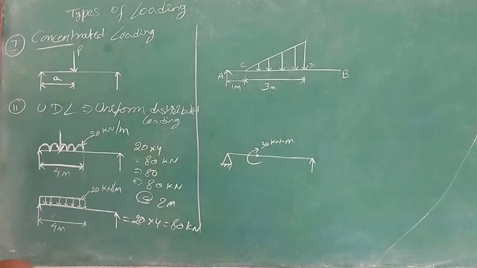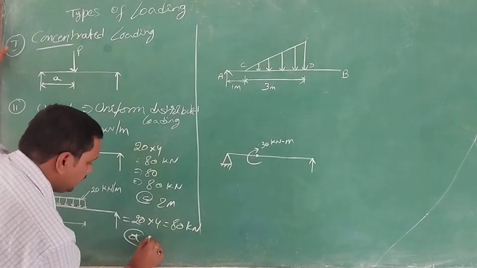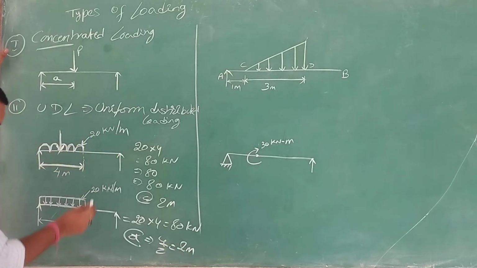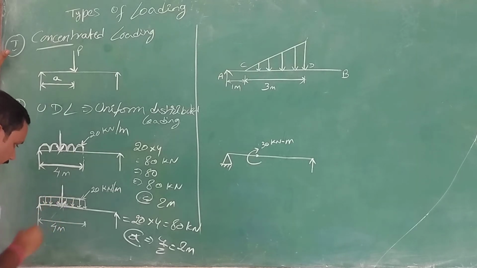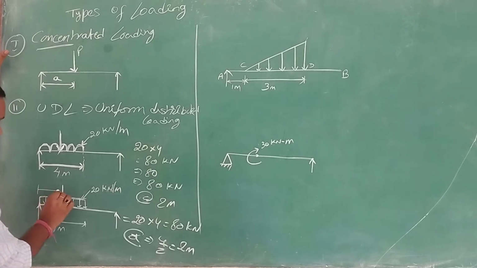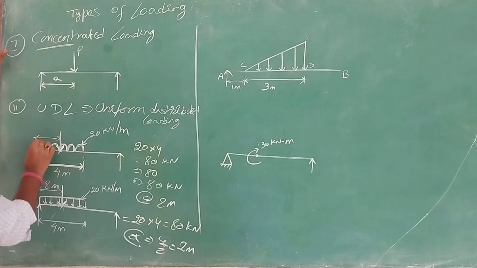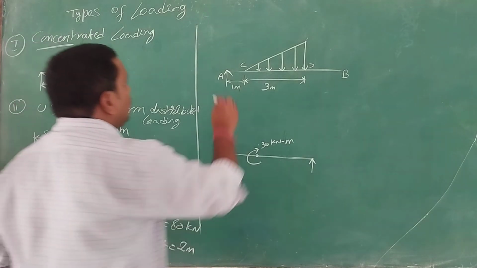And it will be acting at half of this distance, that is 4 by 2, means 2 meter. So this total UDL will be converted into a point load acting at a distance of 2 meter. Similarly, here this will be acting at a distance of 2 meter. That is my UDL.